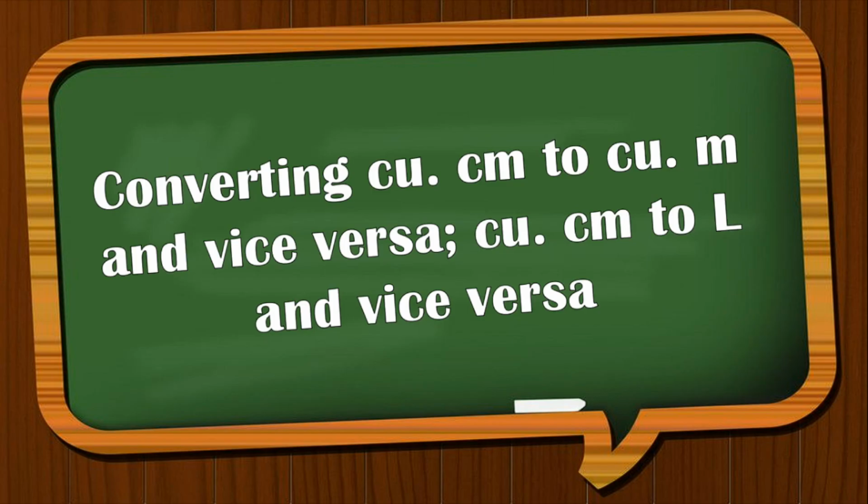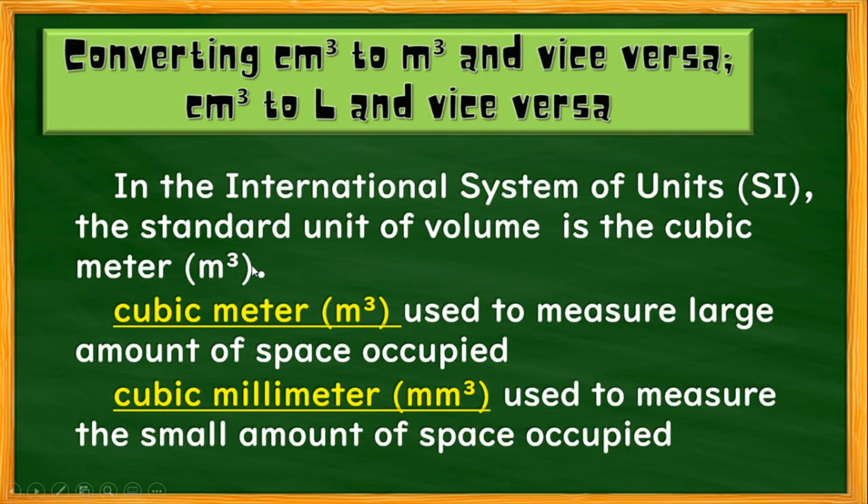So now let's proceed to converting cubic centimeter to cubic meter and vice versa, and cubic centimeter to liter and vice versa. In the International System of Units, SI, the standard unit of volume is a cubic meter.